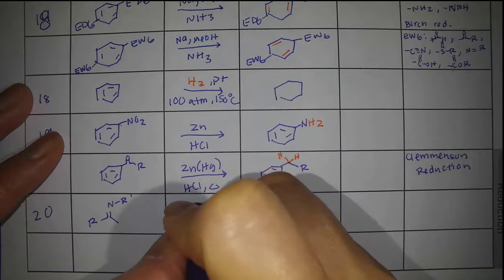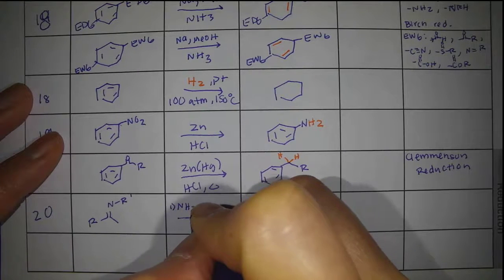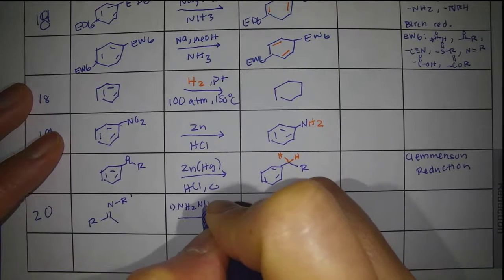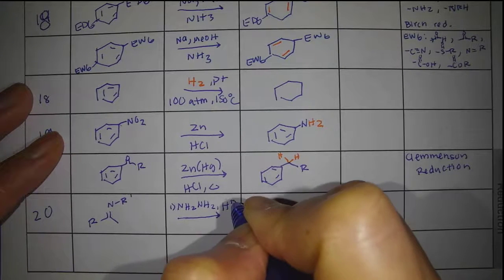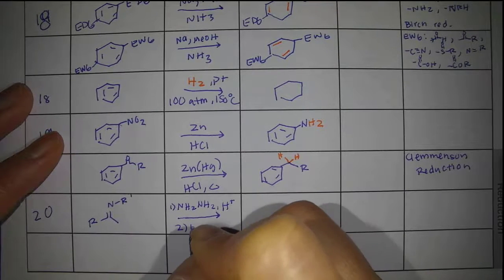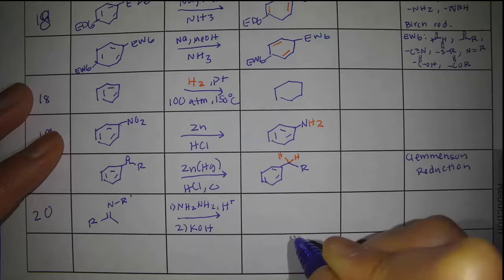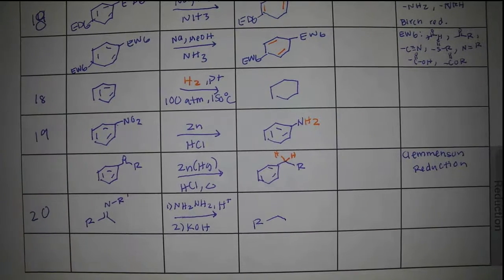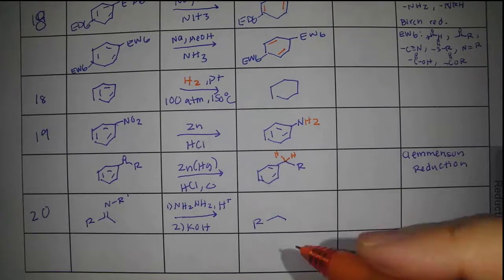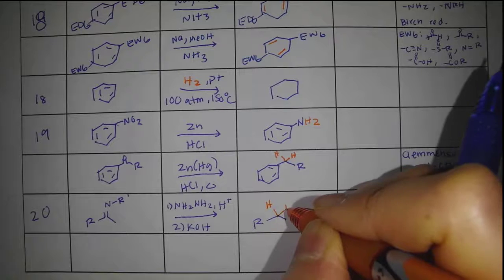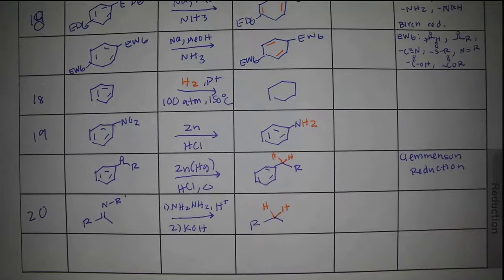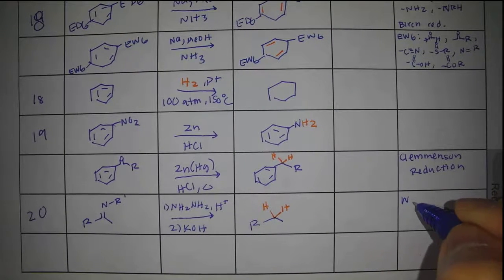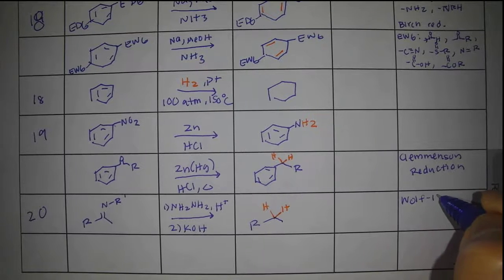We add NH2NH2, H plus, followed by potassium hydroxide. And that is going to get rid of that imine. So we just are left with hydrogens here. This is the Wolff-Kishner reduction.